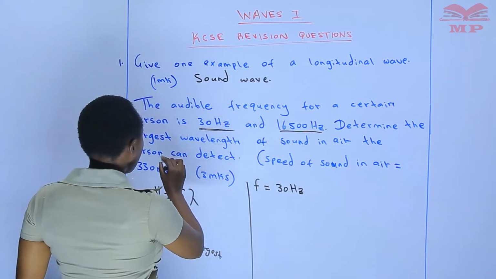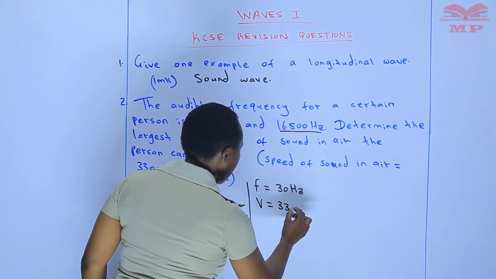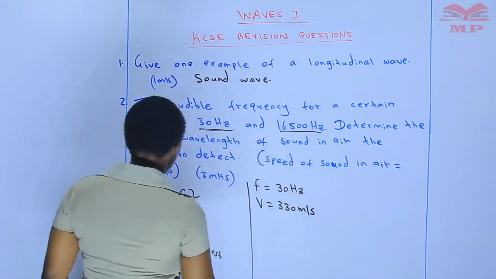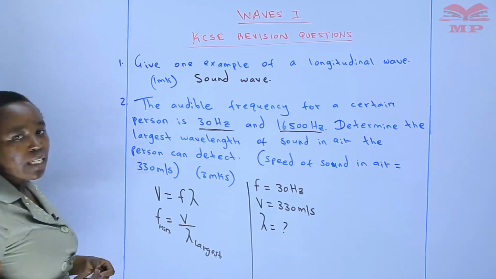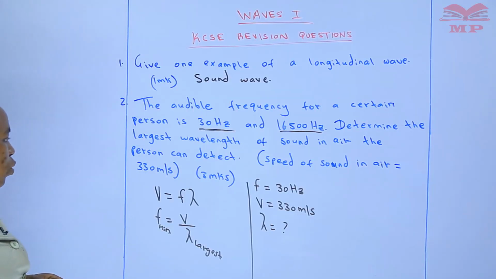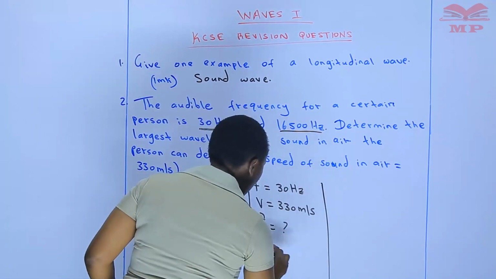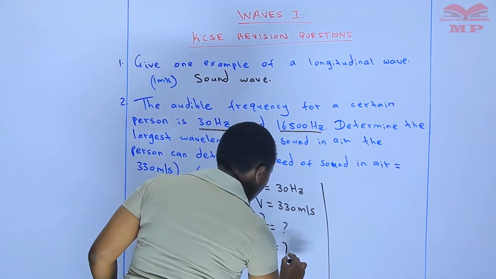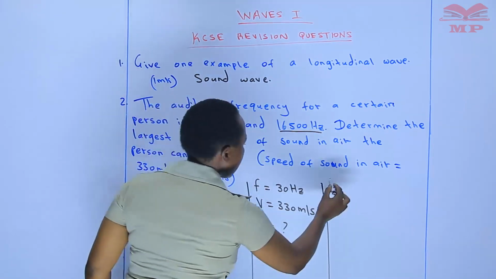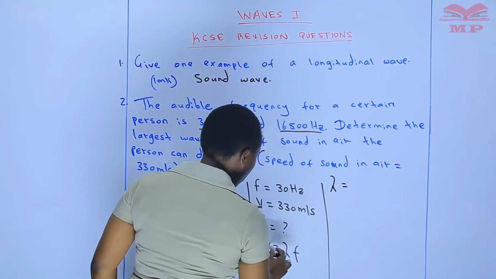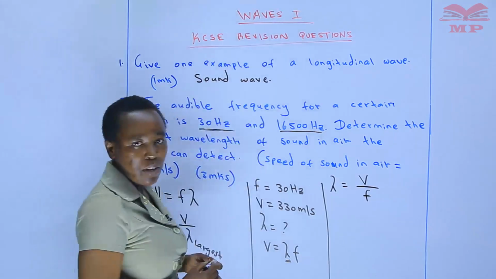Then we are told that the speed of sound, V, is 330 meters per second. We want to get the wavelength, and in our case it is the largest wavelength because the frequency is smallest. In our formula, V is equal to wavelength multiplied by frequency. We make wavelength the subject of the formula, which is equal to the speed divided by the frequency.